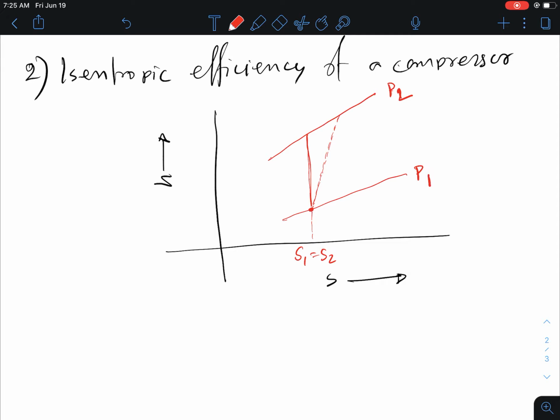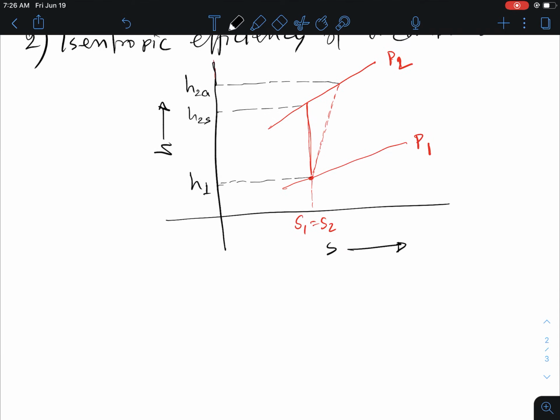So again, if we put all those values, this will be H2 actual, this will be H2 isentropic, and this will be actual H1. So now we know all those enthalpy values from this graph, right?